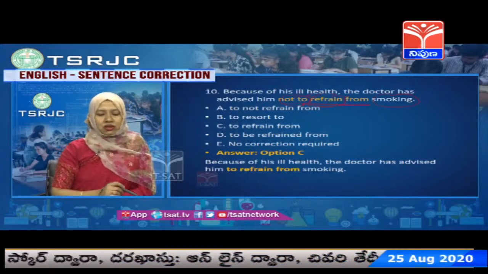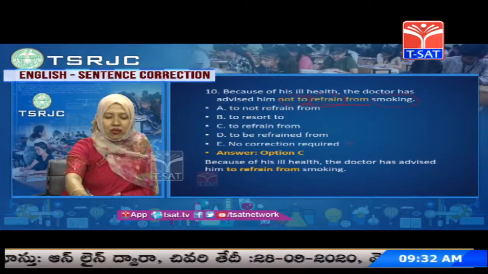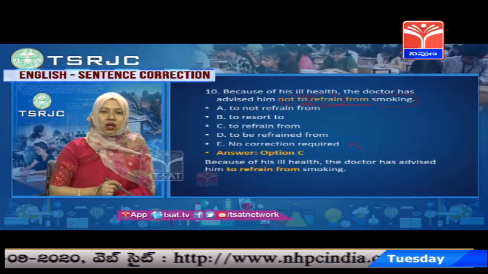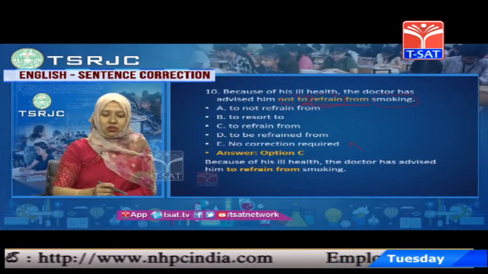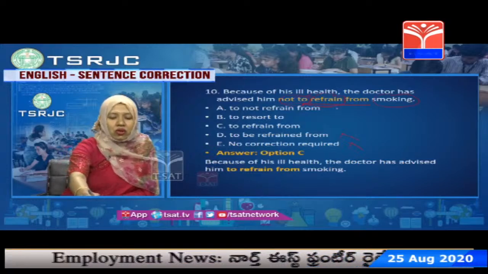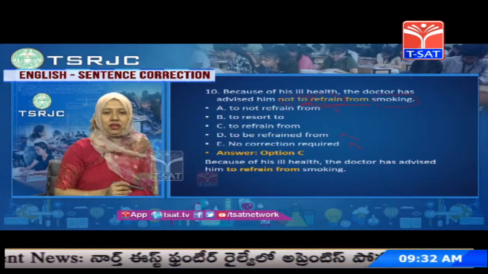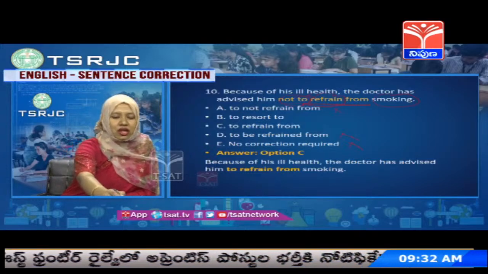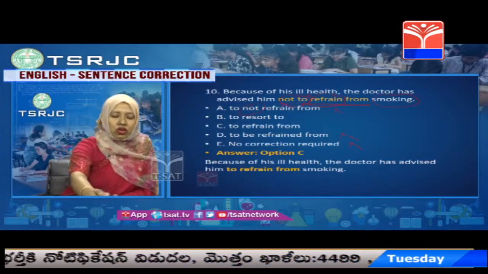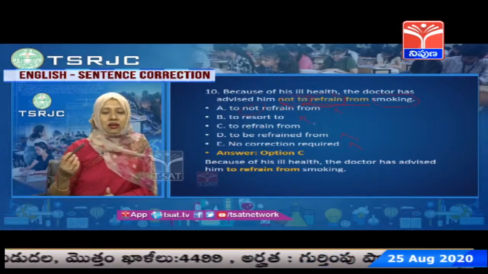Now look at the options. No correction required: no, because there is a mistake here, so eliminate this. To be refrained from, the form is wrong. To not refrain: just now we have discussed, when the word refrain is there, not should not come, so this is wrong. To resort to: no need of using another verb.